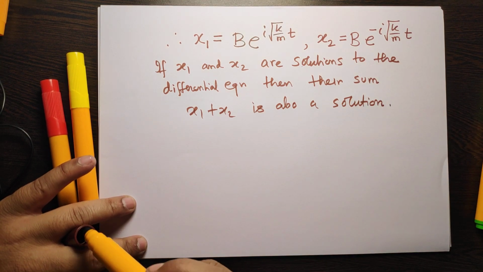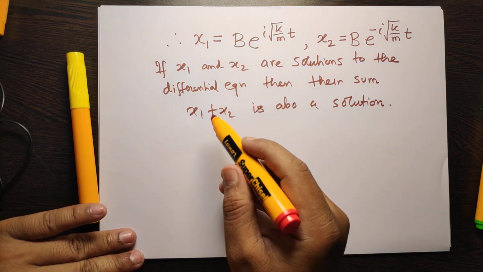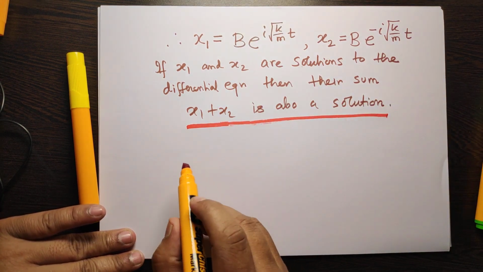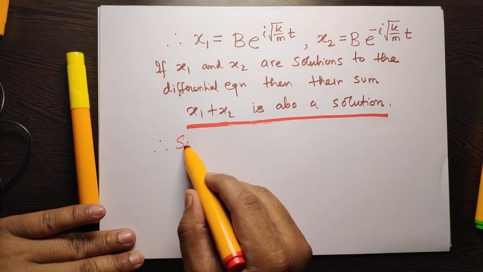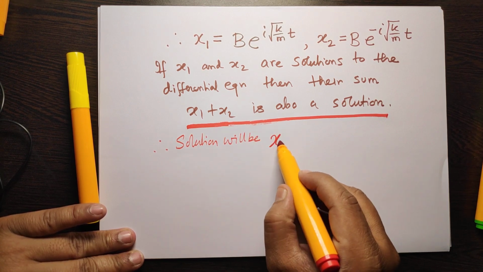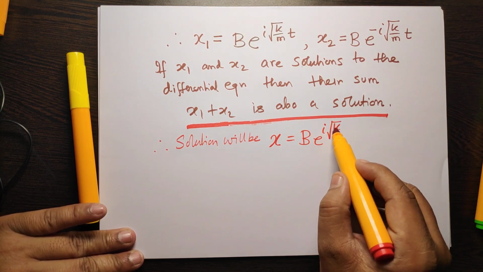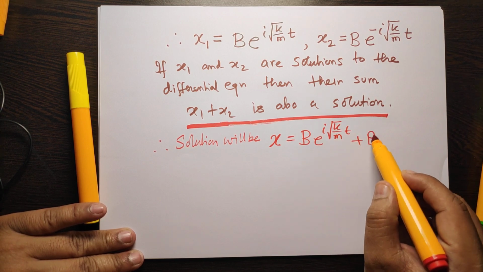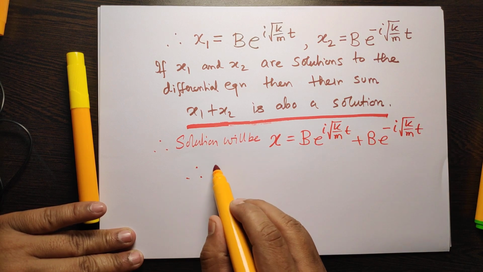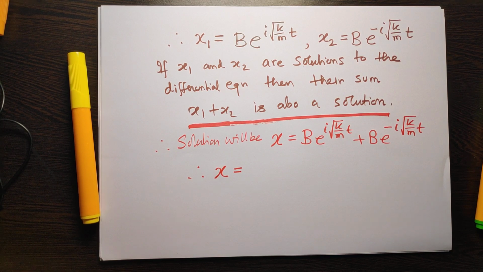Here the solution has to be x1 plus x2, otherwise you will not get a real solution. So x equal to b e to the power i root k by m t plus b e to the power minus i root k by m t. Here the imaginary parts will cancel.